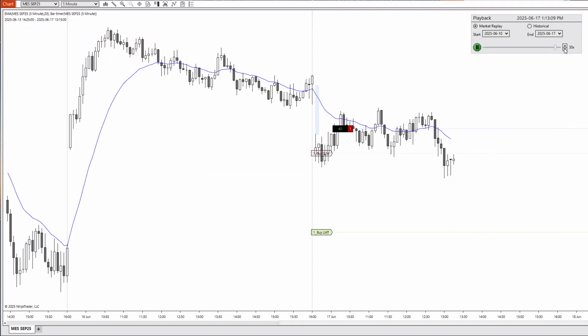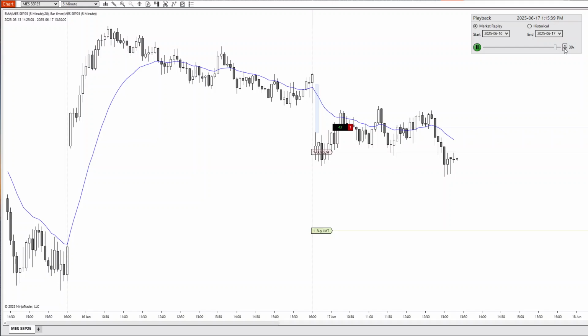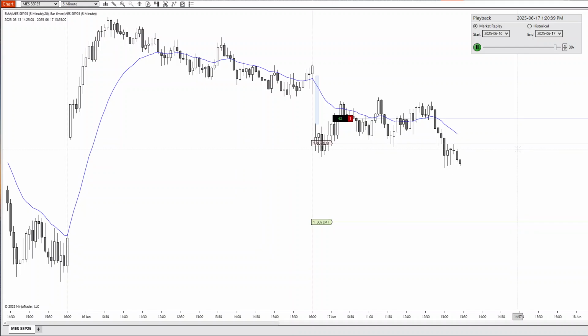Let me forward. Okay, that's good. That's good. Moving my stop loss above this bear bar.